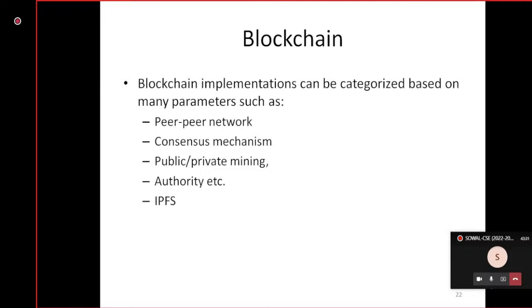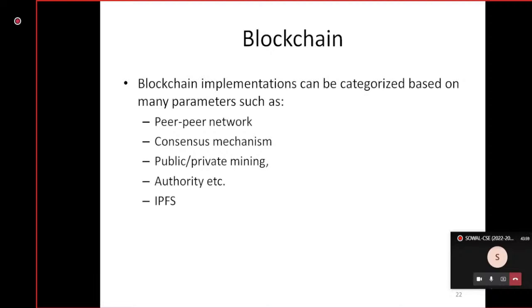One can be the public network, where anyone is free to join at any time. Second is the private network, where each node is an authenticated node, and only authenticated nodes can join the network and perform the Bitcoin transactions.